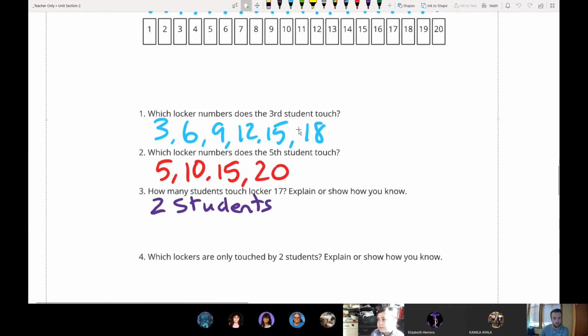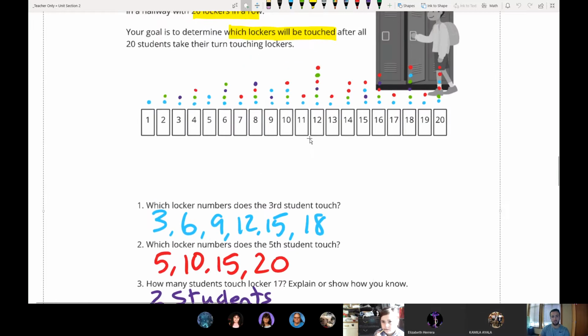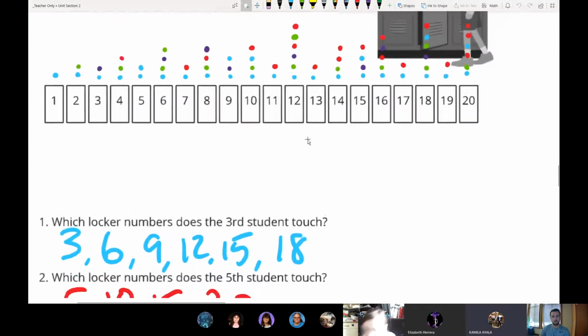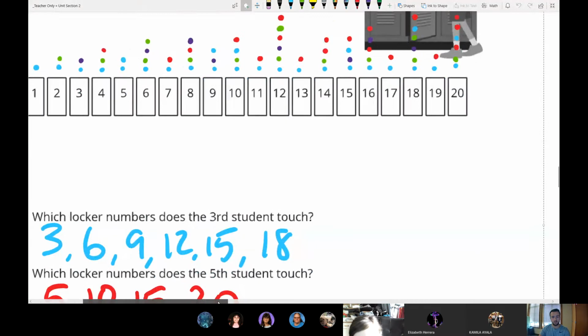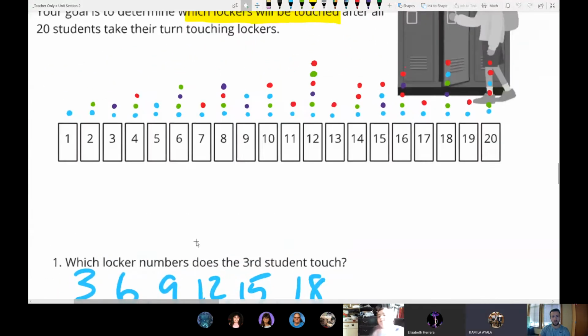Okay. For problem number 4, which lockers are only touched by 2 students? Explain or show how you know. So which lockers, I'll zoom in nice and close. Which lockers were touched by only 2 students? What do you see? 17. Okay, yeah, there's 17.